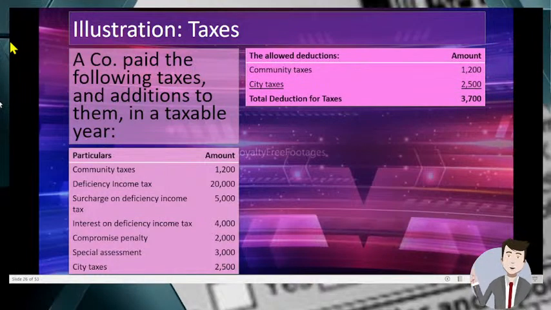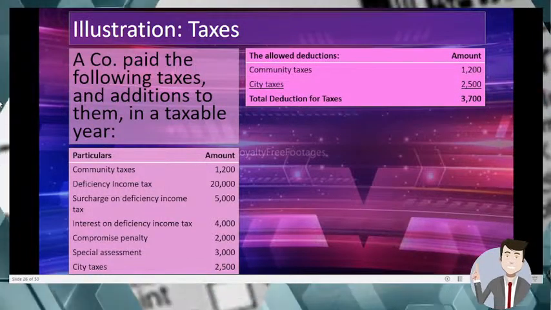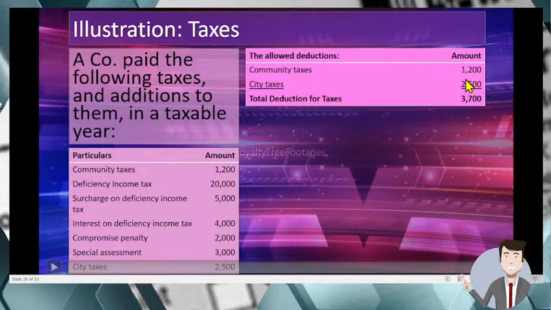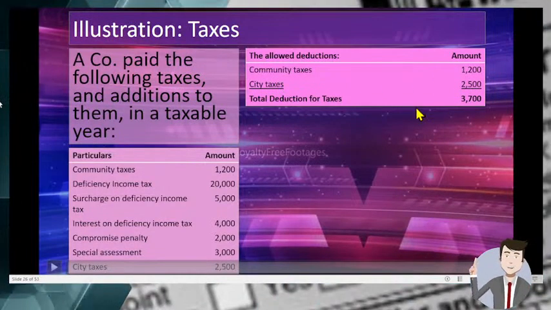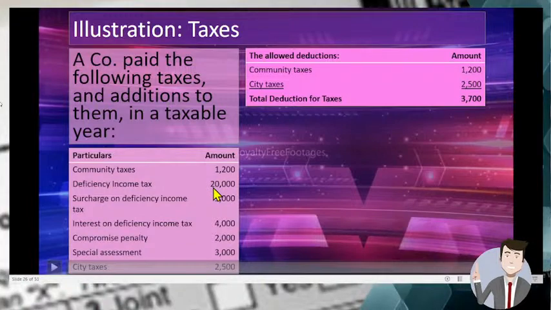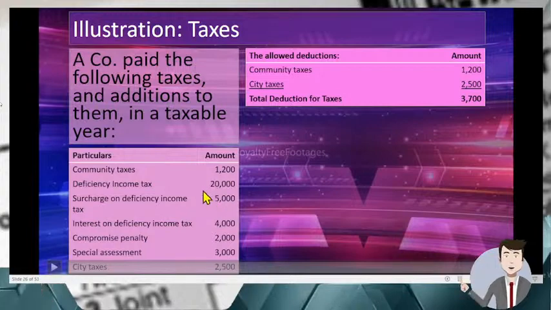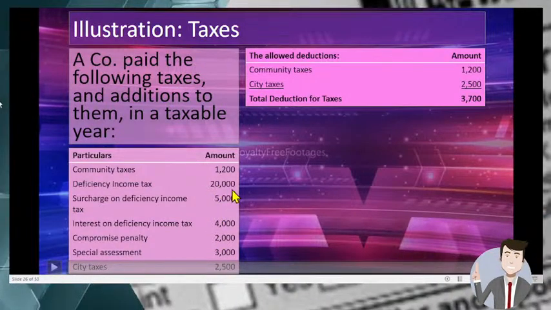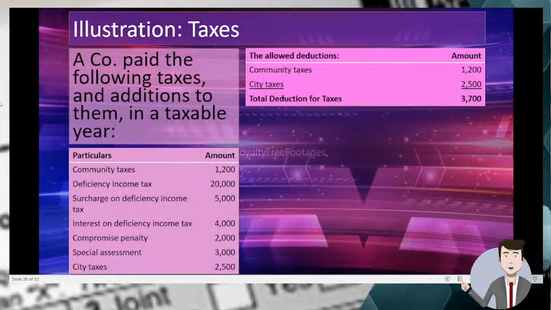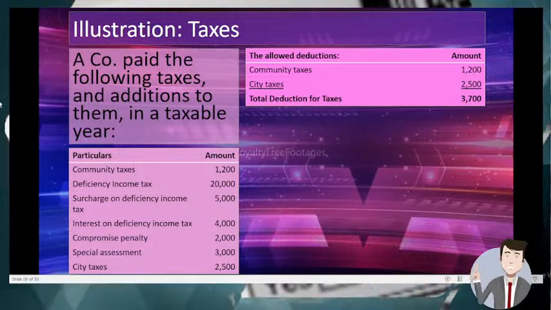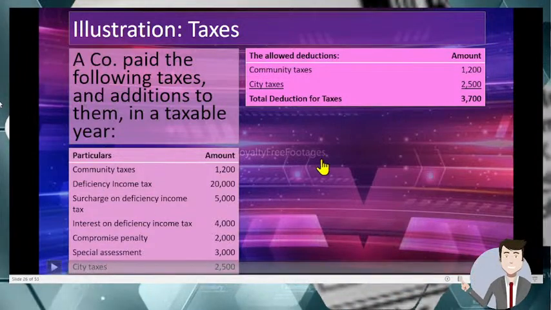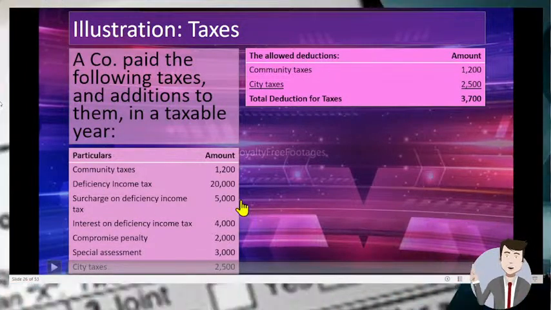So the computation is the allowed deduction is only the community tax of 1,200 and city taxes of 2,500. Why? Because deficiency income tax and surcharges, including the compromise penalty, are considered Philippine income tax. And under the National Internal Revenue Code on our previous slide, these taxes, or Philippine income tax, are non-deductible taxes.